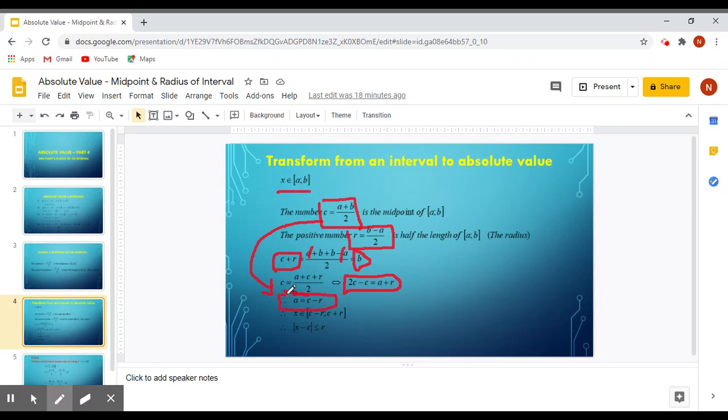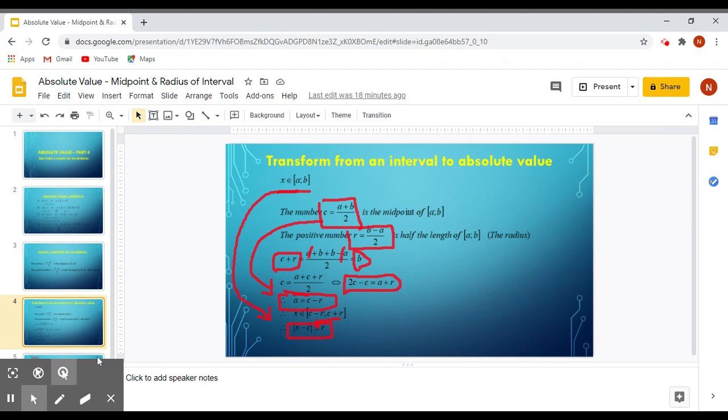Now, I can rewrite this interval as x belongs to the interval [c minus r, c plus r], instead of a and b. And we have seen before that this is derived from the absolute value of x minus c less than or equal to r. So here we have managed to transform an interval into an absolute value.